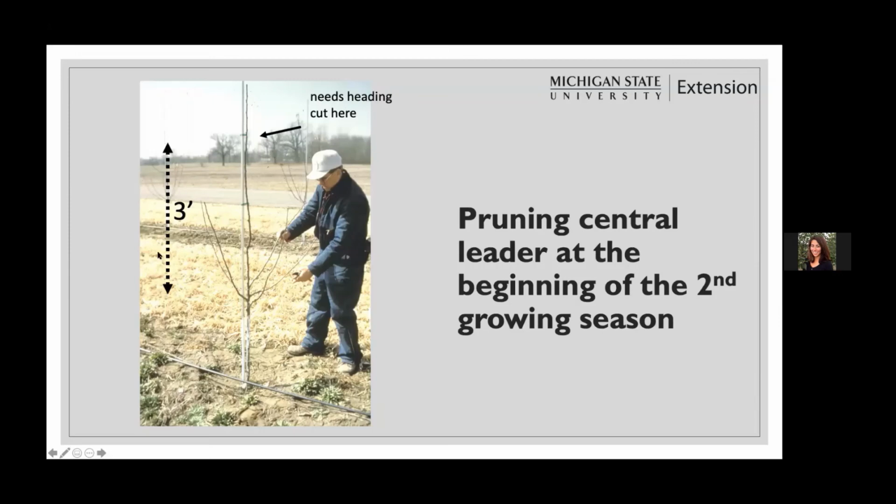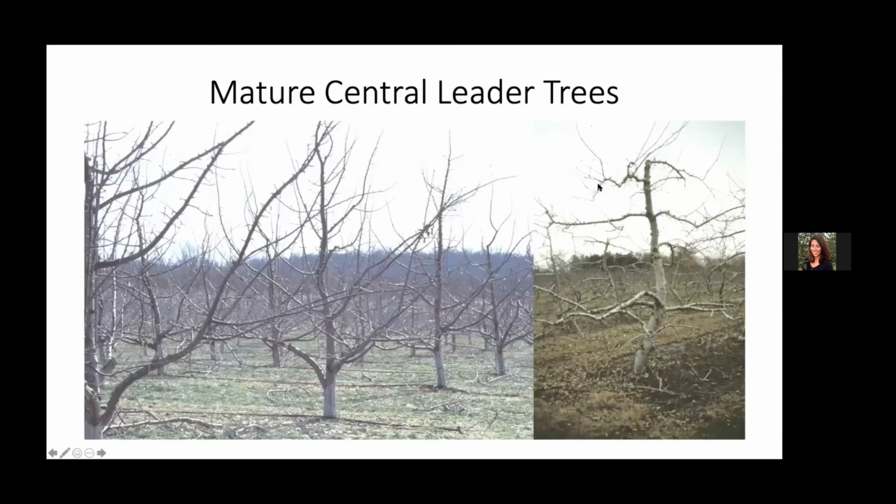This says 3 feet, but anywhere from 2 to 3, with 2.5 being a good distance between the different levels. Here are some examples. Again, that first level, here's your second one, a couple feet above, and then you'll just keep doing that all the way until you get to the height of your tree, which is generally around 10 feet or so.